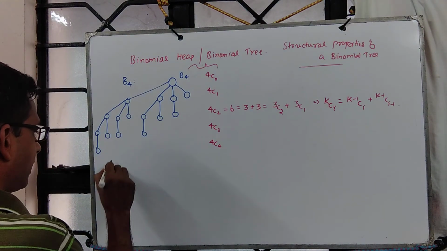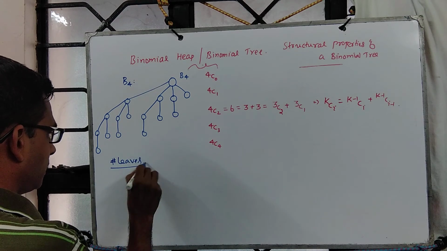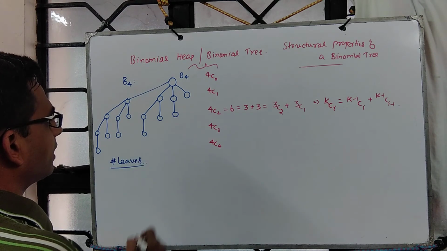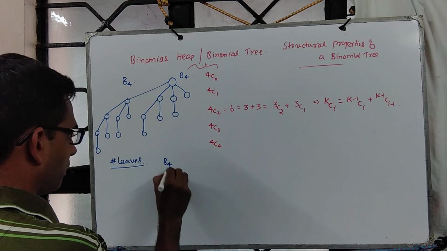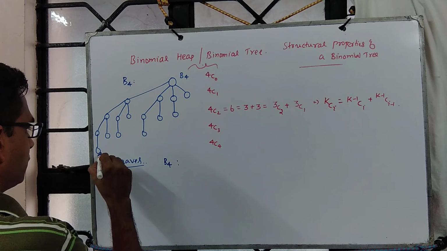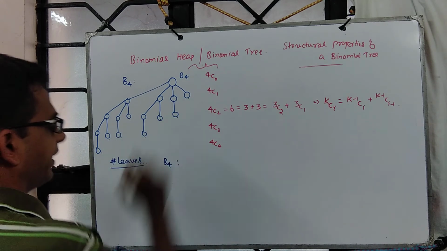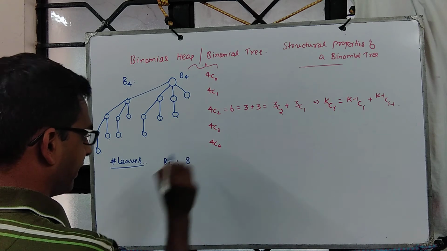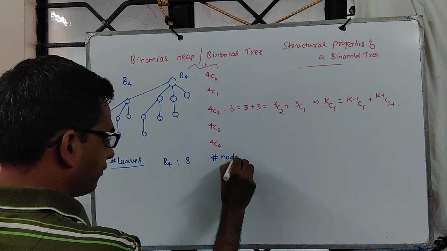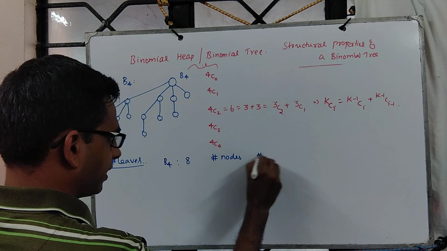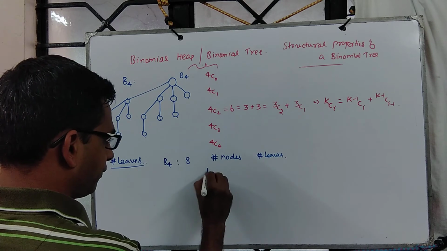Now let's look at the number of leaves. With respect to say B4, how many leaves are there? 1, 2, 3, 4, 5, 6, 7, 8. So there are 8. Please note B4's number of nodes and number of leaves. How many nodes are there for B4?